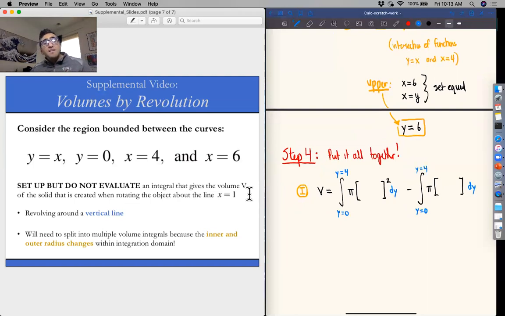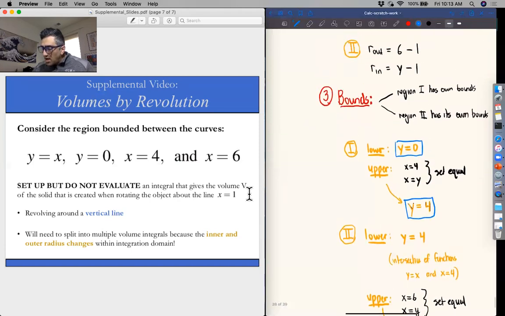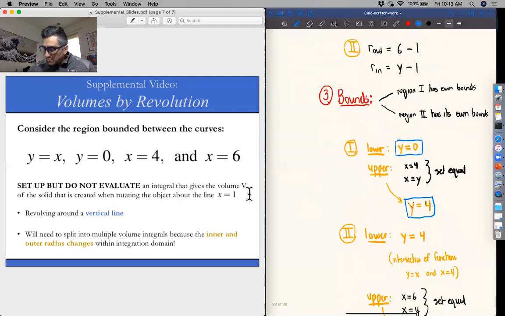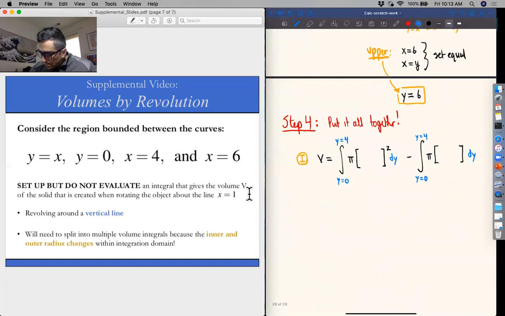And then the last thing we needed to do was figure out our inner and outer radii for that specific region 1. So in region 1, our outer radius was 6 minus 1. Our inner radius was 4 minus 1. So let's type those in. So 6 minus 1 for the outer radius and 4 minus 1 for the inner radius.